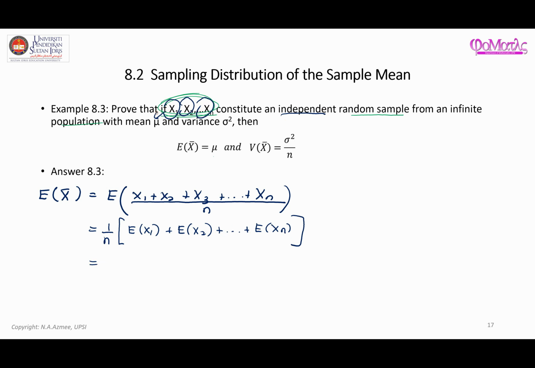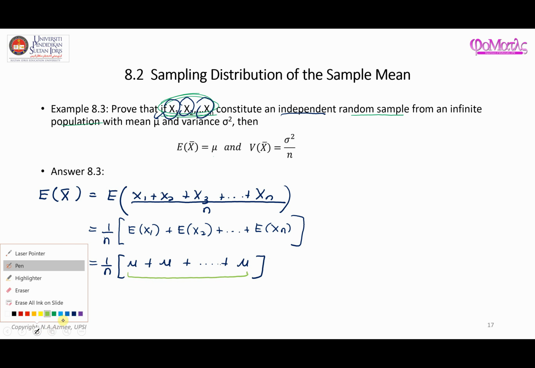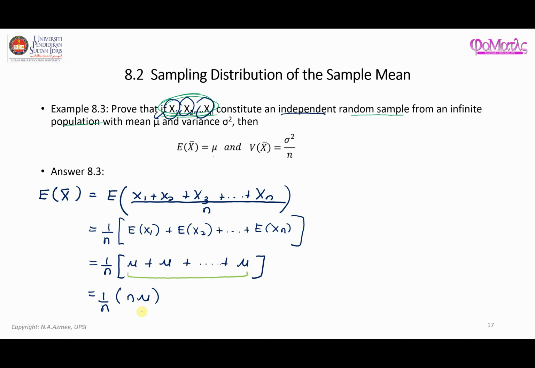That population has mean mu, so we know that the mean of x1 is mu, this one also the mean is mu, and until the end the mean is mu. So here we have mu plus mu plus mu, n times. It happens n times, so we can write this result as 1 over n times n mu. You can cancel out n and n, so the expected value of x bar is just mu.